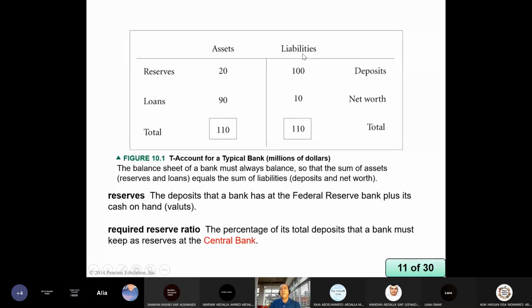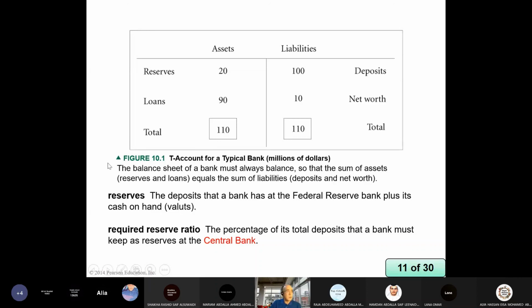Liabilities include demand deposits, current accounts. For example, Salim deposits 100 dirhams at First Abu Dhabi Bank, plus net worth or equity, the capital financed by the owners or the stakeholders of the company. So both sides are equal.